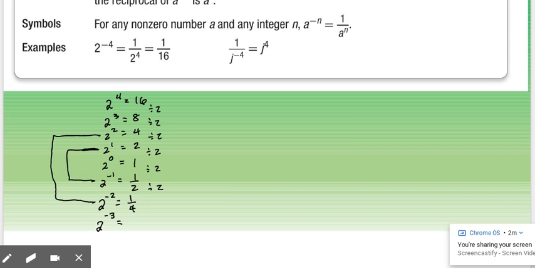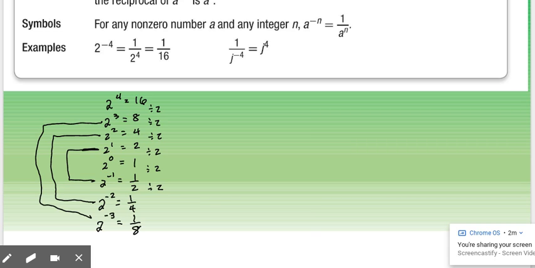Well, if we follow this pattern, for 2 to the first, it basically puts that 2 on the bottom. So it's 1 over 2. 2 squared is 4, so 2 to the negative 2, put the 4 on the bottom. It's 1 over 4. So if 2 to the third is 8, that means 2 to the negative 3 should be 1 over 8. Okay, and that's how that works.